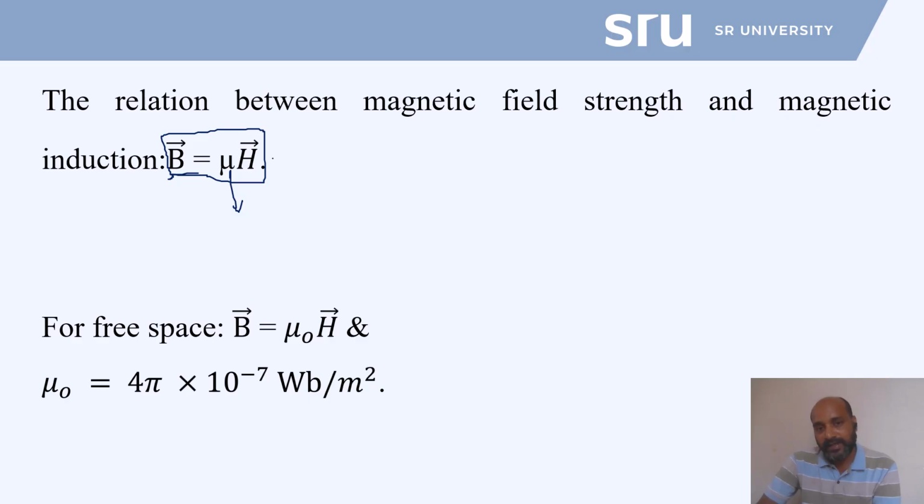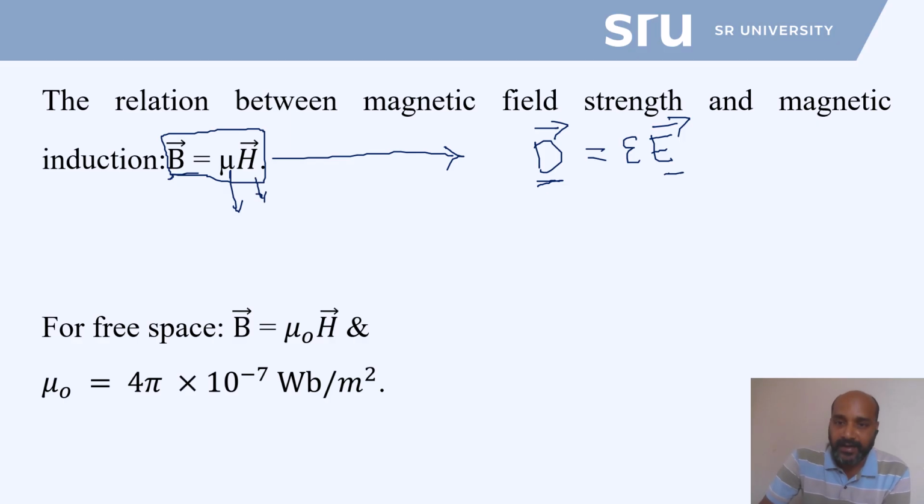If we take the analogy in electric field, that relation is D is equal to epsilon E. So magnetic flux density is like the displacement vector in electrostatics, and magnetic field intensity is similar to electric field intensity, with the corresponding constants being permeability and permittivity.